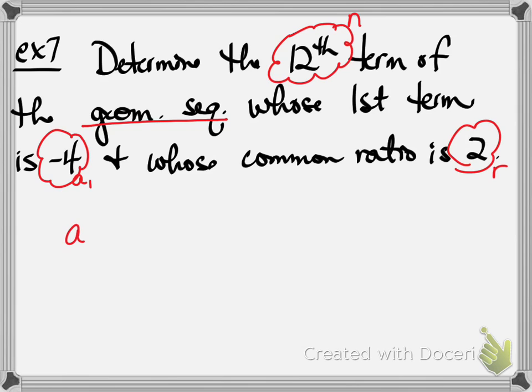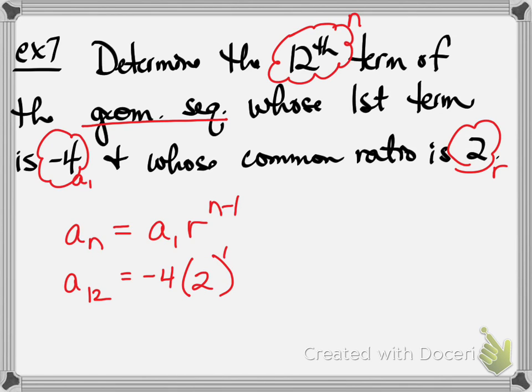So to find a general term or a specific nth term, we use the nth term formula for geometric sequences. n is 12, so this is a sub 12. So the 12th term is a sub 1, which is -4, times r, the common ratio, which is 2, to the 12 minus 1 power.